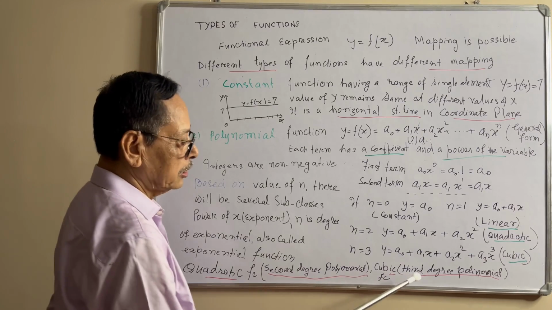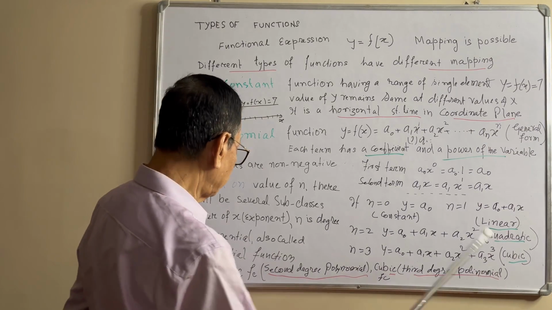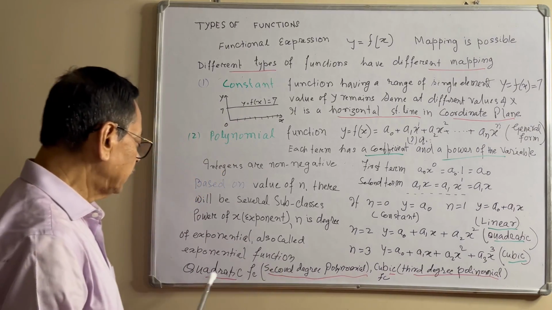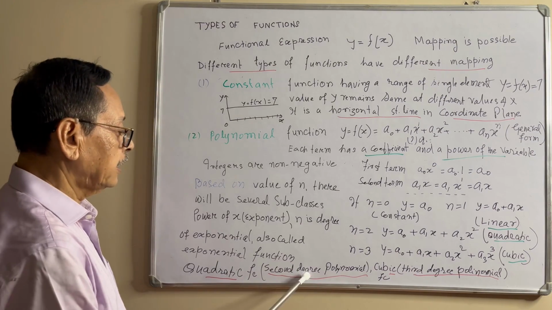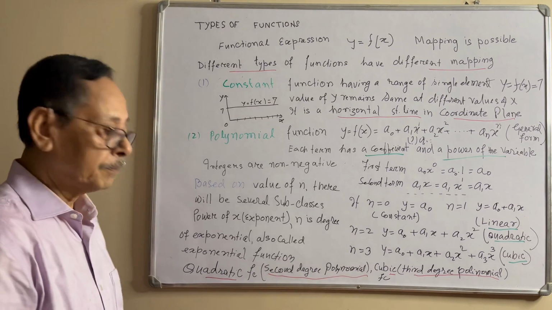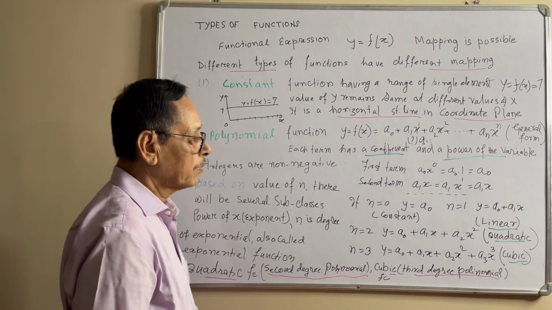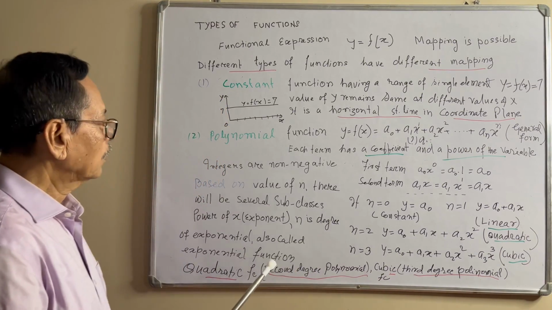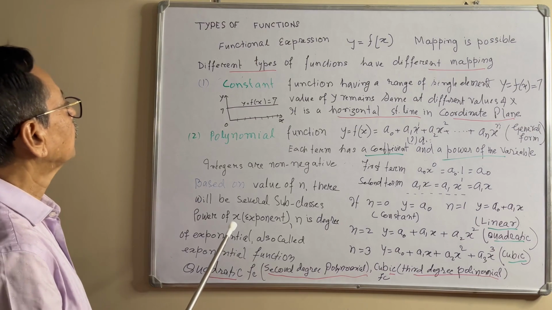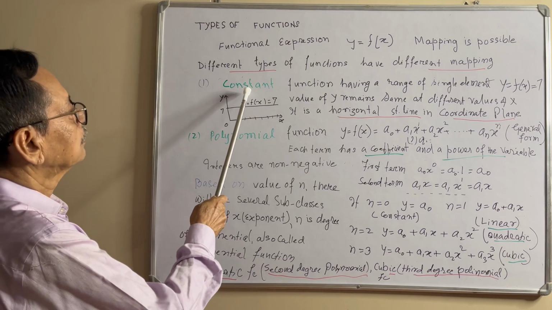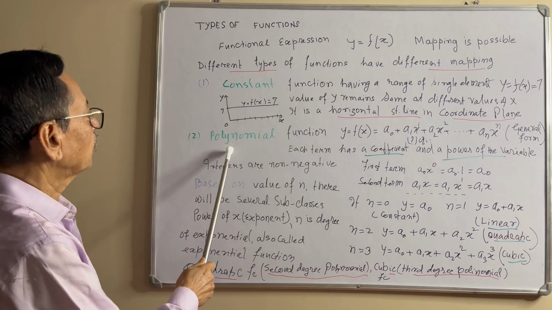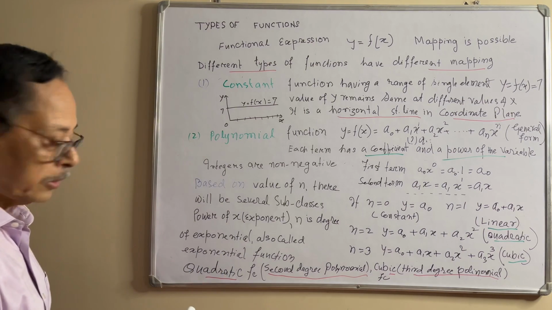The cubic function is also called a third degree polynomial. So there are different terms in expressions in the literature. The cubic function is also called a third degree polynomial, and the quadratic function is called a second degree polynomial. So this is the constant function and polynomial functions. They will come later on.